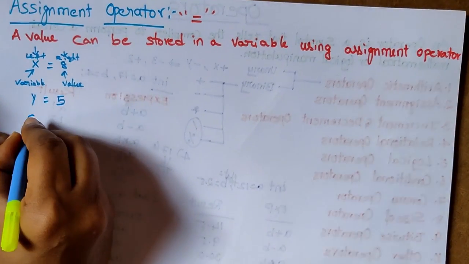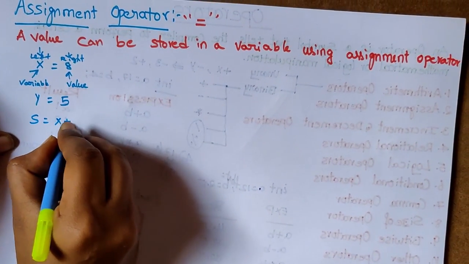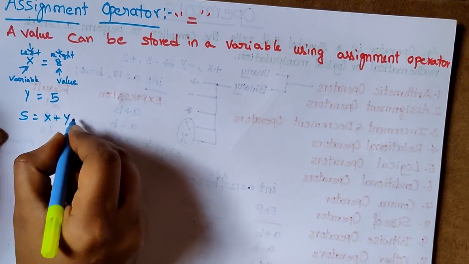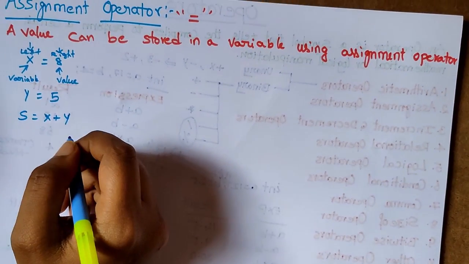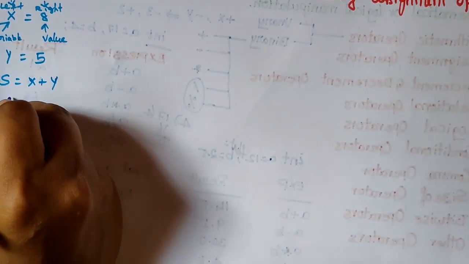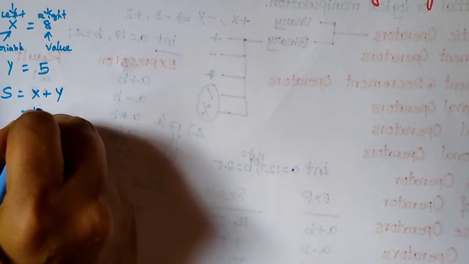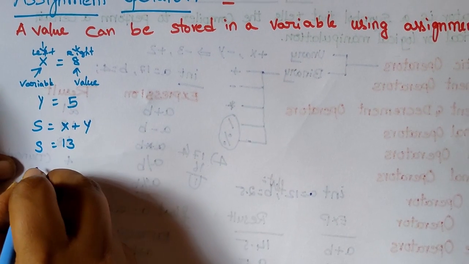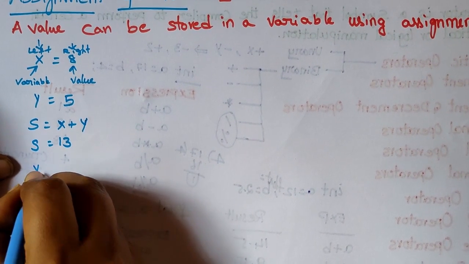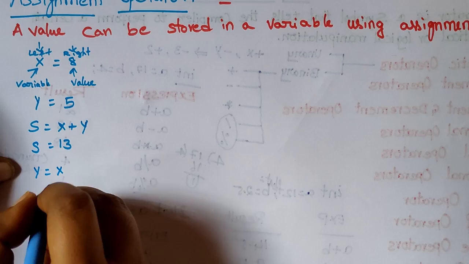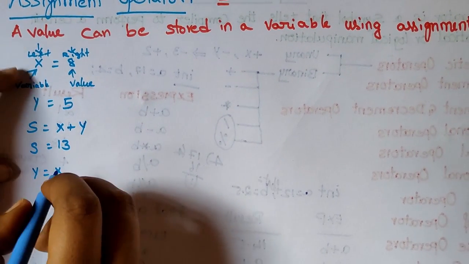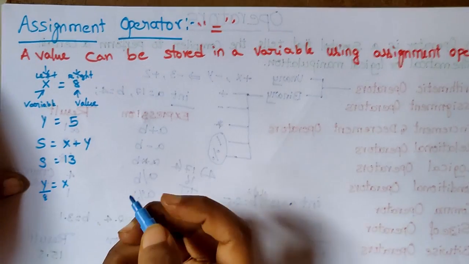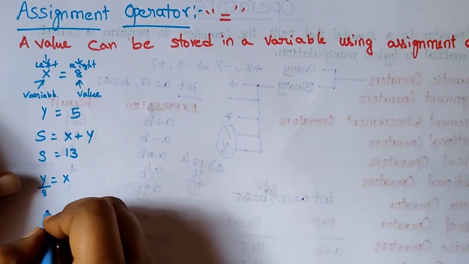Now I am going to give an expression like this. These are all variables, but since it is in an expression, you can assign like this. Now what is the value here? The value is 13. You can assign like this also. Suppose I assign y equal to x, this is also correct. Now the y value is 8. Like this also you can assign the value.